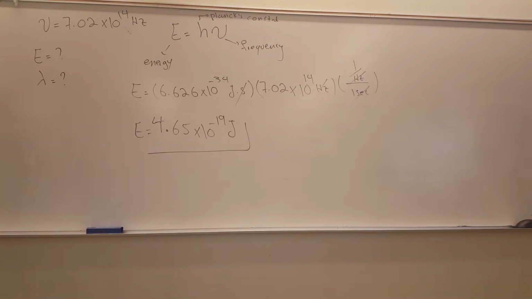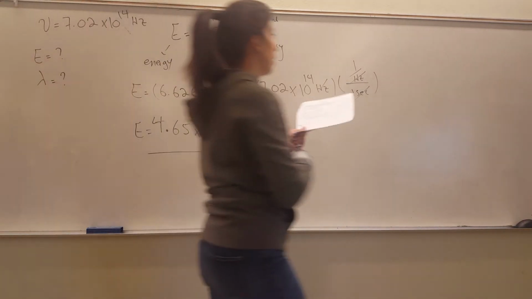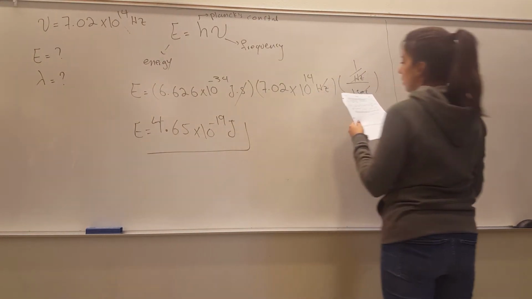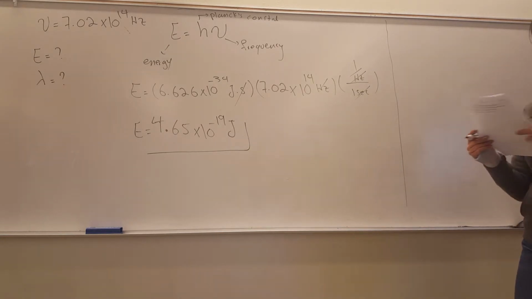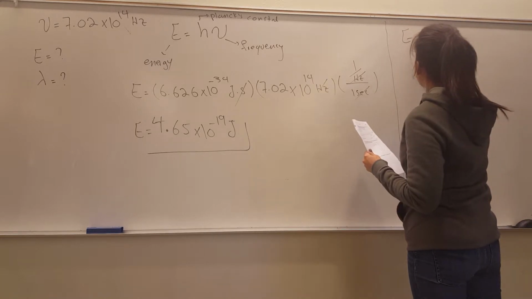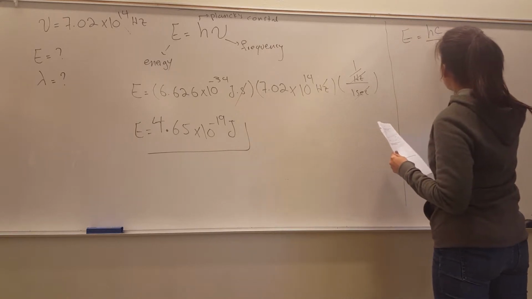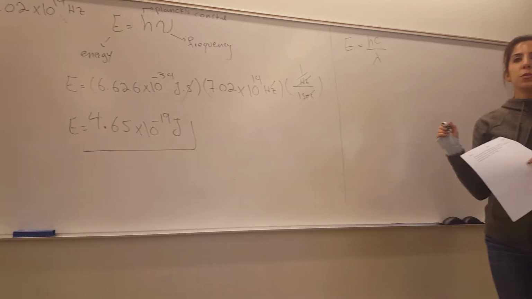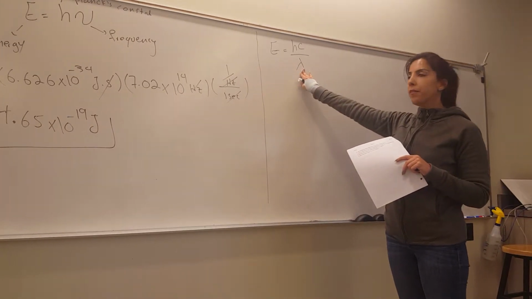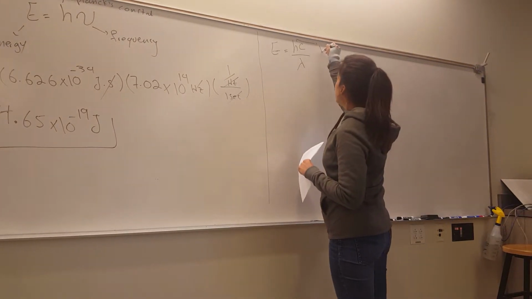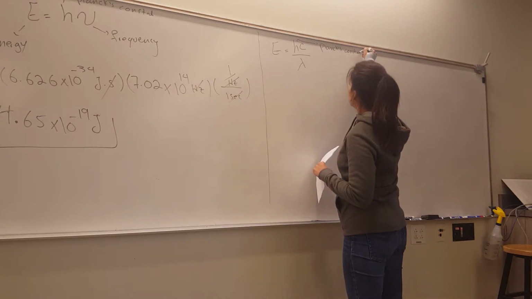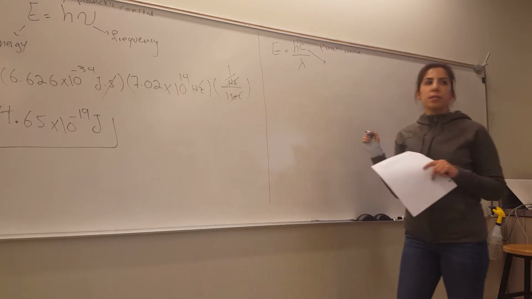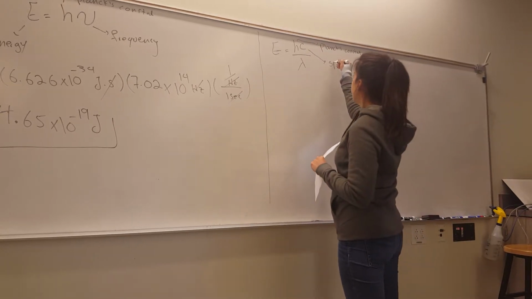Questions? Now, we also want to find the wavelength. So energy equals hc over lambda. This is where you see the lambda for wavelength. h is Planck's constant. c is also a constant, that's the speed of light.